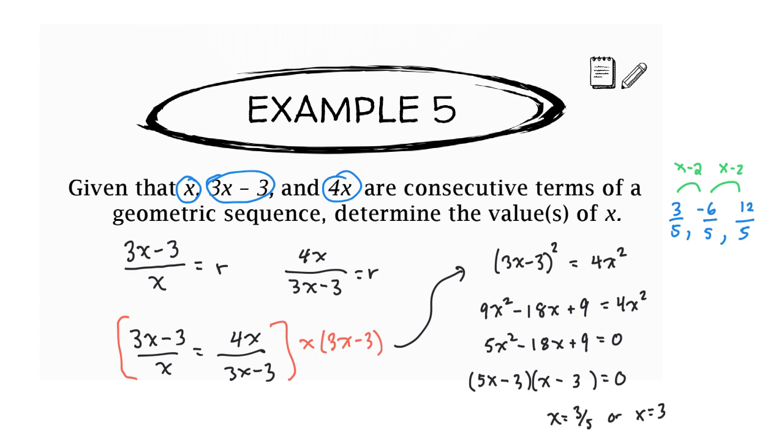Meanwhile, when I plug 3 back into the original, I get that x is 3, 3 times 3 minus 3 is 6, and 4x is 4 times 3, that's 12. And we'll see that that's multiplying by a +2. Another perfectly fine common ratio.